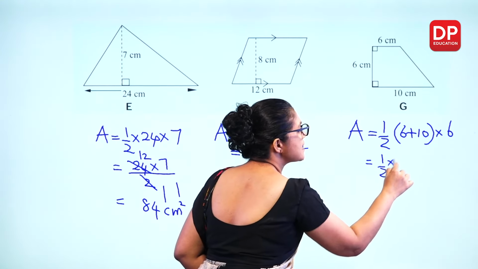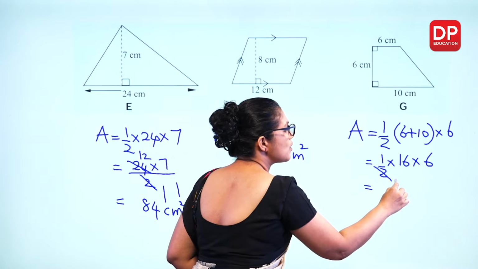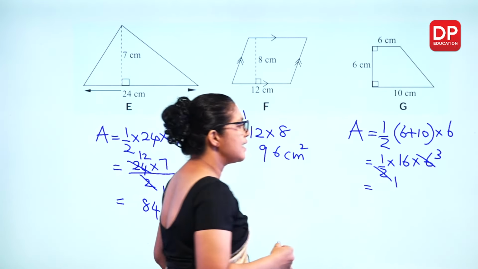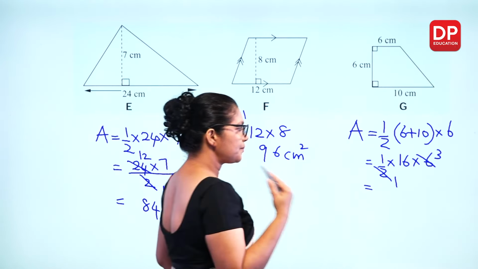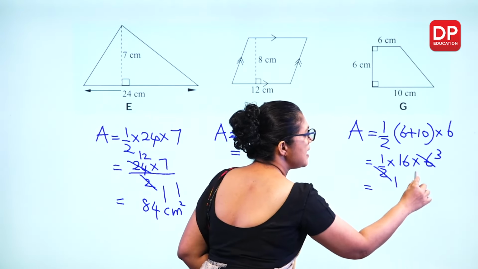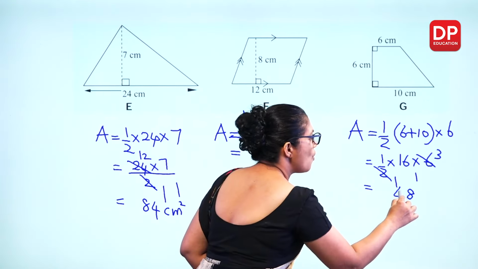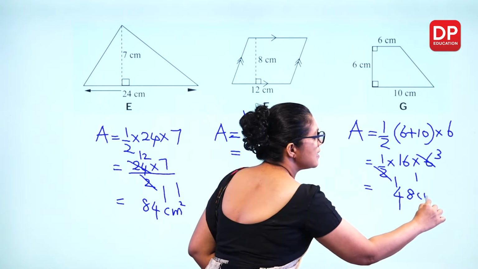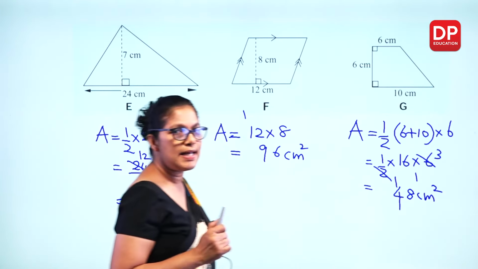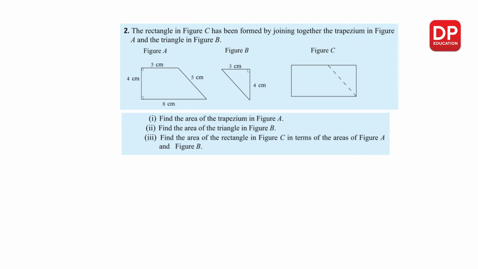Half times 16 times 6. You can simplify 2 with 1, 2 with 3, 3 times 16. So what is 3 times 16? 3 times 6, 18, 1 remaining. 3 times 1, 3 plus 1, 4. 48 square centimeters.